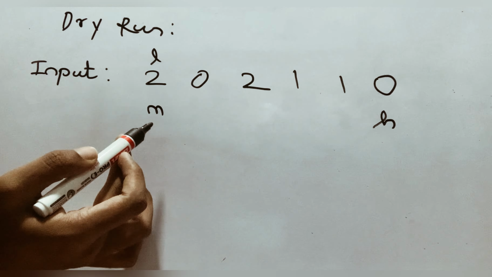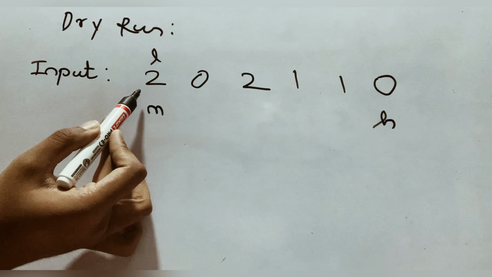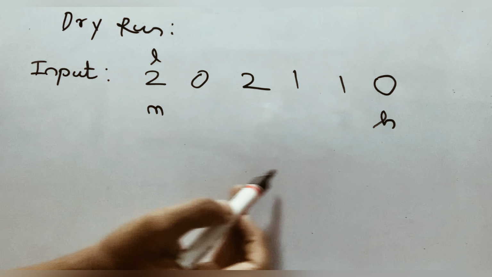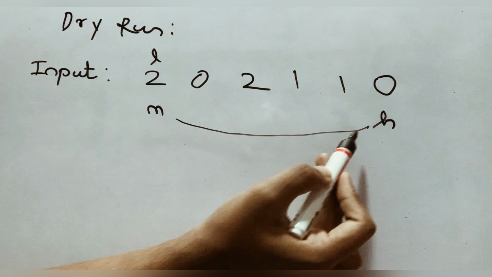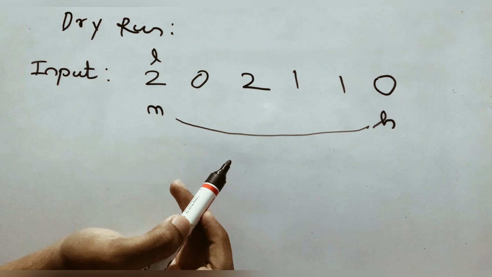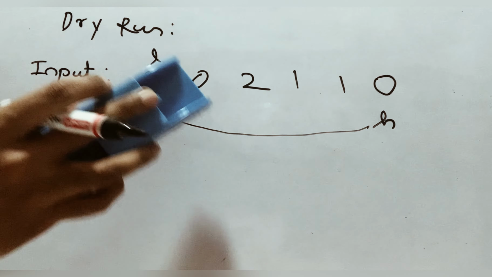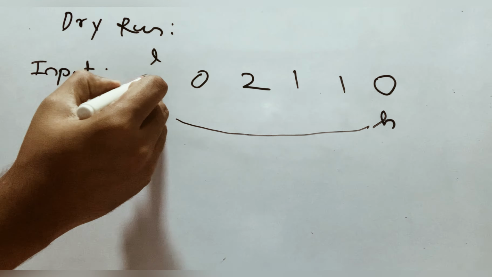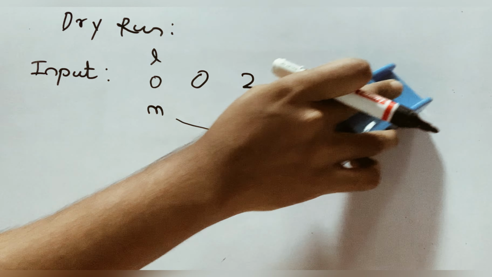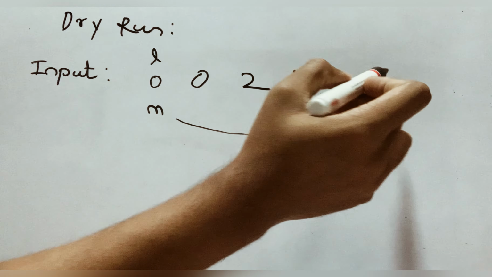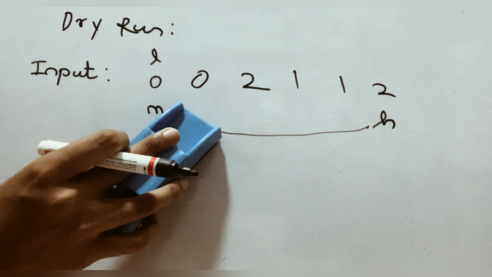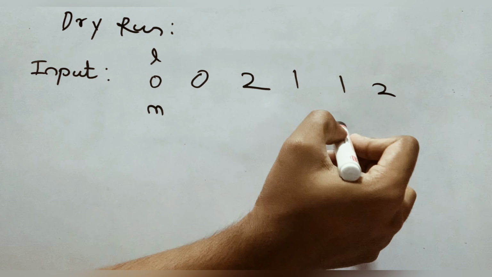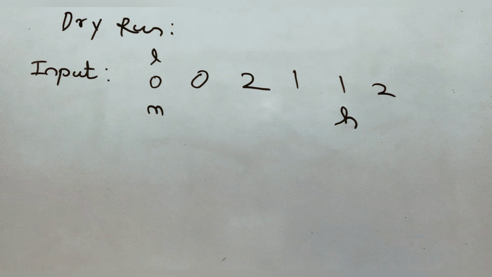Starting from here, the value is 2, so there will be swapping between mid and high, and high will get decremented. So let's swap both of them. The 2 will become 0 and that 0 will become 2, and high will get decremented. So high will come here, one step decremented.